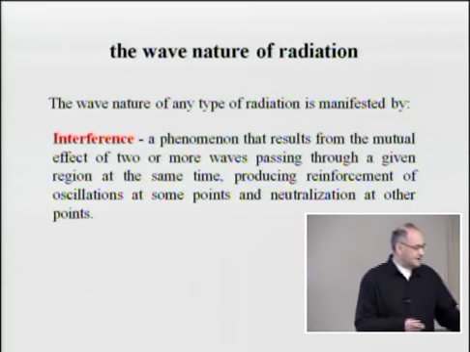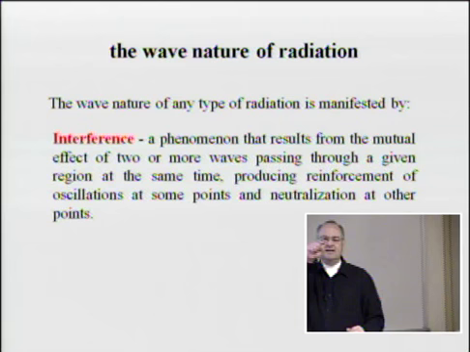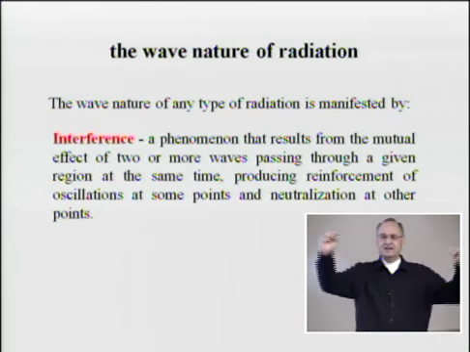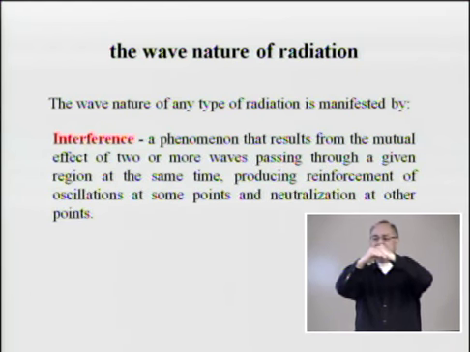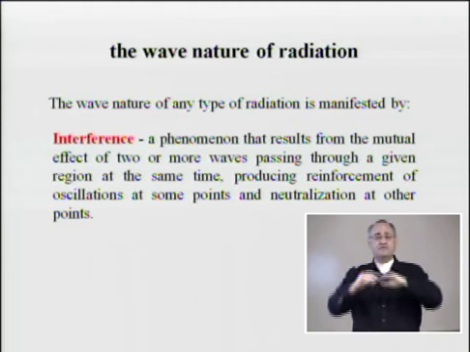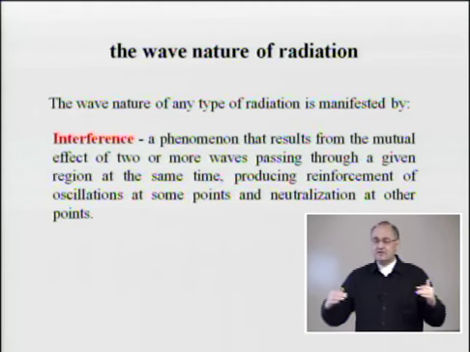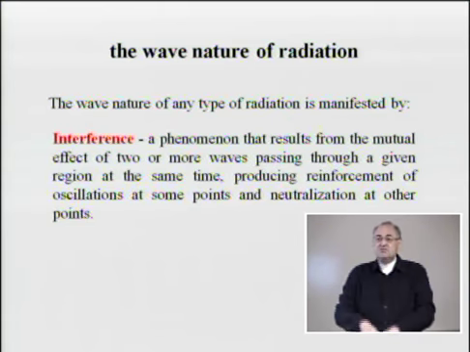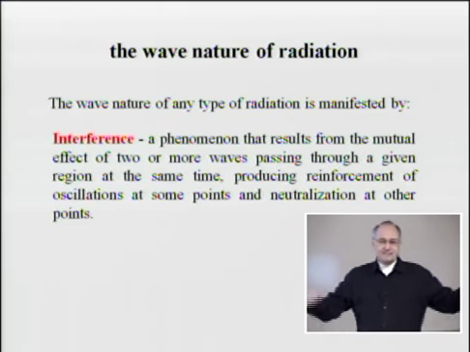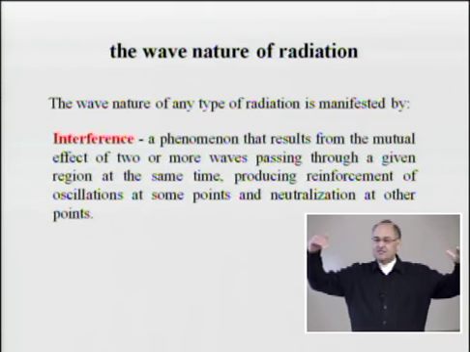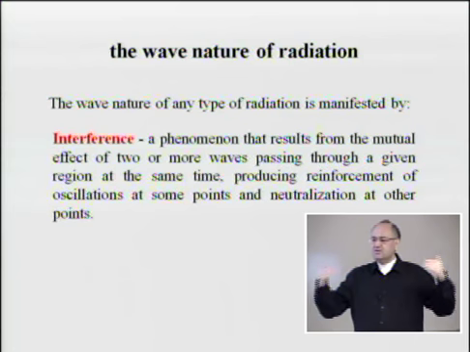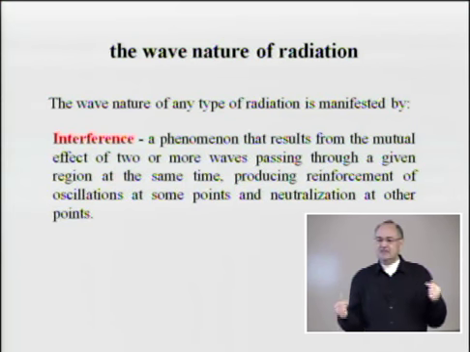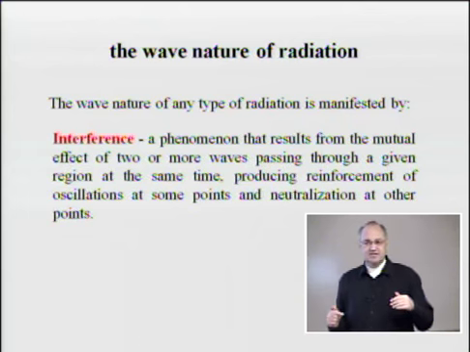So if I think about two waves passing through this point, and if it happens that the two waves meet in such a way that crest meets crest and trough meets trough, then the oscillations will double. However, if it happens that the crest from one wave meets the trough of the other wave, then the two oscillations will cancel each other out, and there will be no oscillations at all.